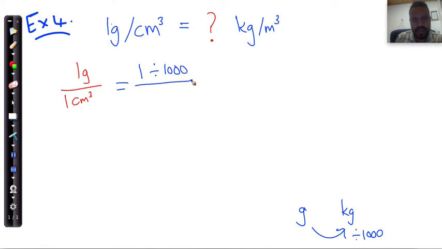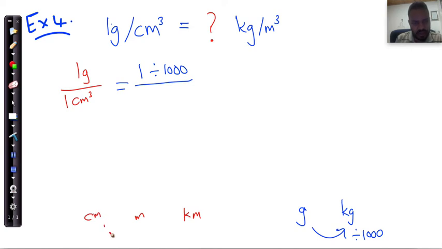So I take 1 and I'm going to divide the top by 1,000. Okay, and now I'm going from centimeters cubed all the way to meters cubed. Now if you remember, on our table we had kilometers, and we had meters, and we then had centimeters.